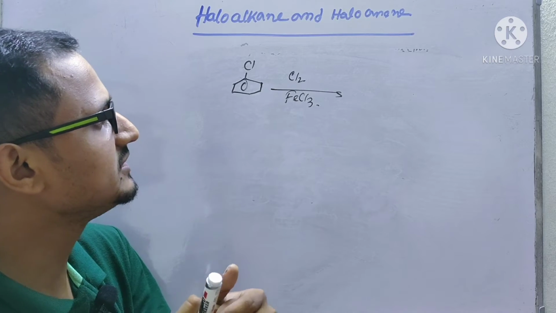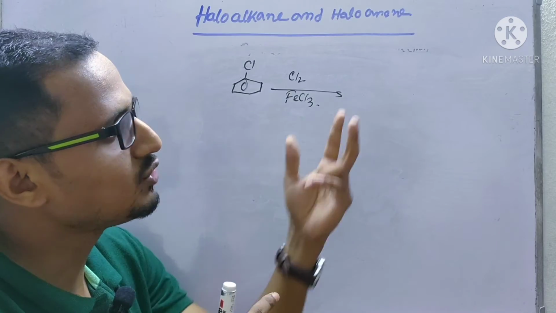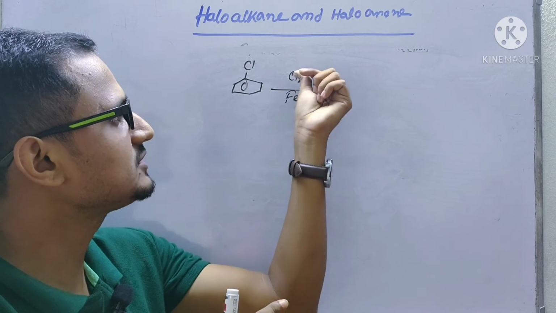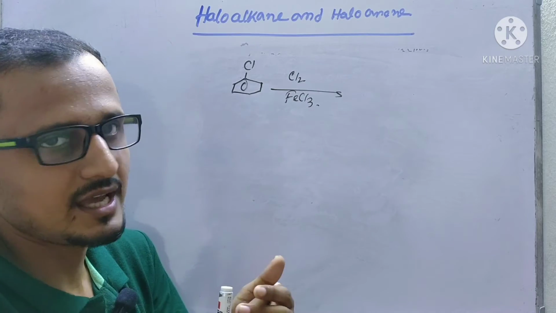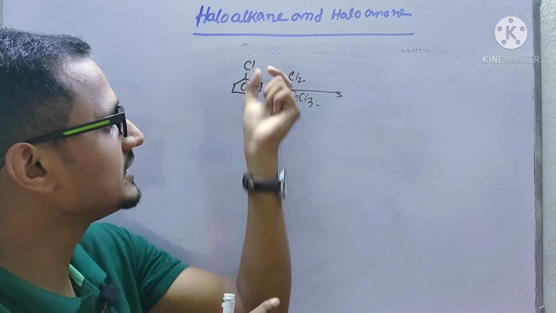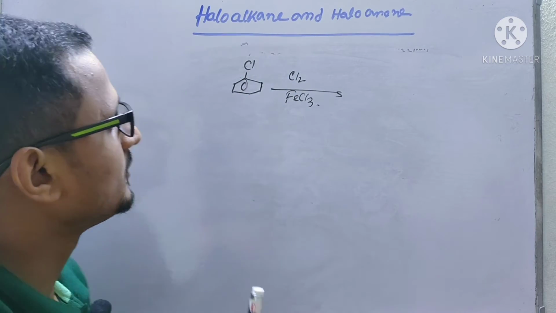Now when you treat chlorobenzene with chlorine in presence of FeCl3, there will be two kinds of product. One will be ortho-chloro, that means this chlorine will be attached in the ortho position, and it can be attached at the para position also, as this chlorine is an ortho-para orienting group.